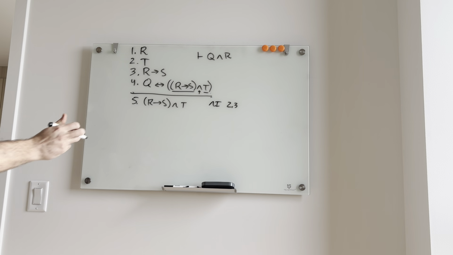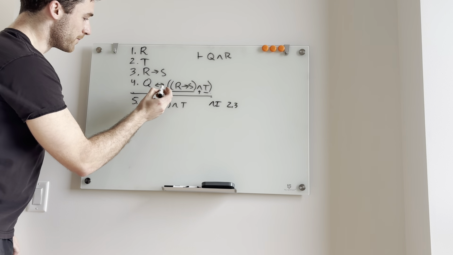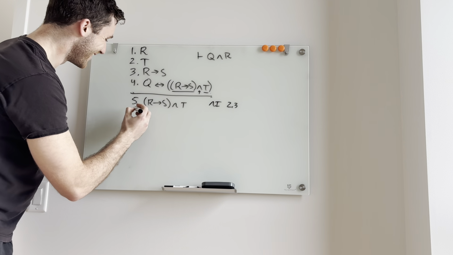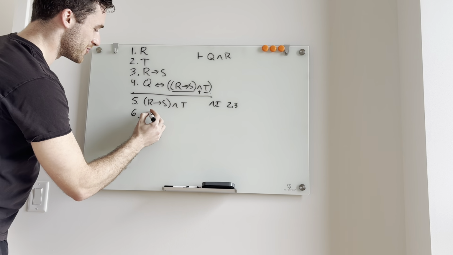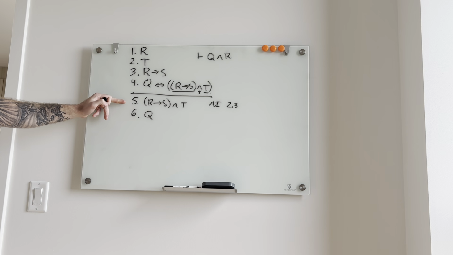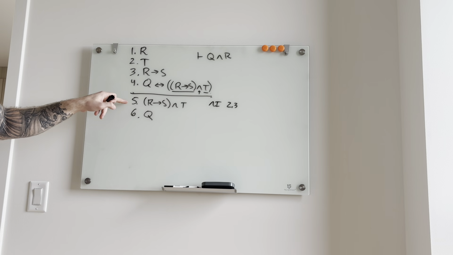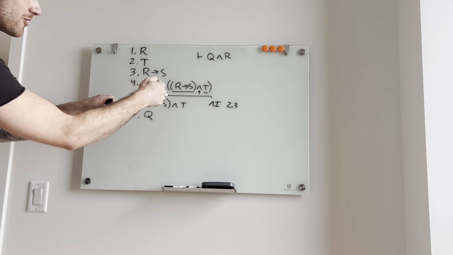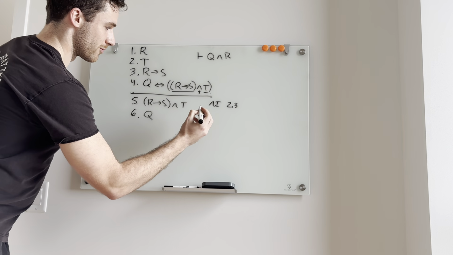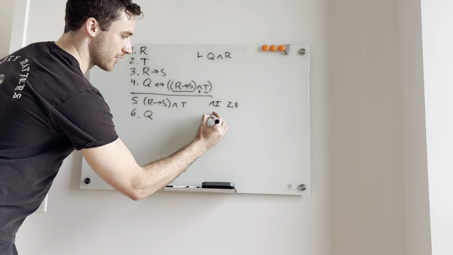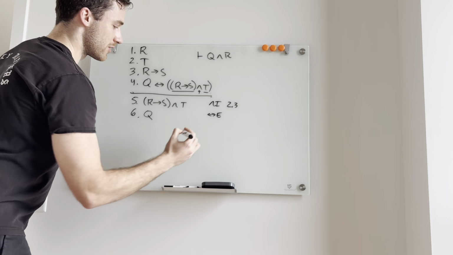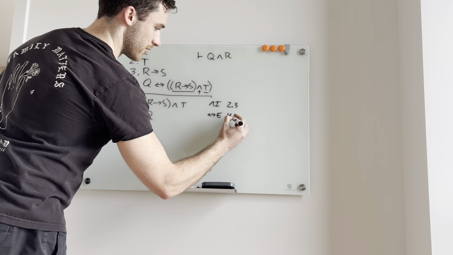Why did I do that? Well, because this sentence right here implies Q, right? So all I have to do now is write Q, because I know that this thing is true, and line 4 tells me that this thing implies Q, right? So you write Q, and you'll remember your rule for that was biconditional elimination from lines 4 and 5.